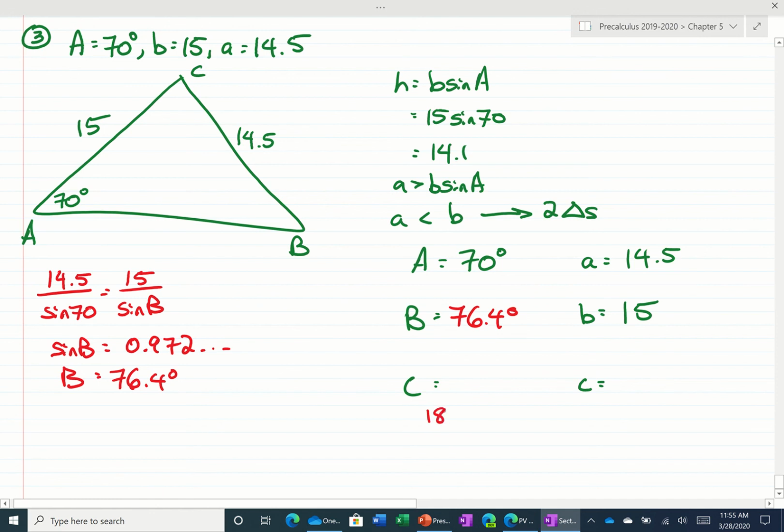If we do 180 minus angle A and B, 180 minus 70 minus 76.4, that comes out to be 33.6 degrees.